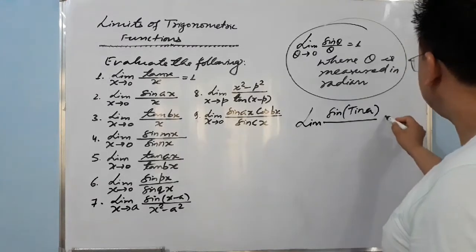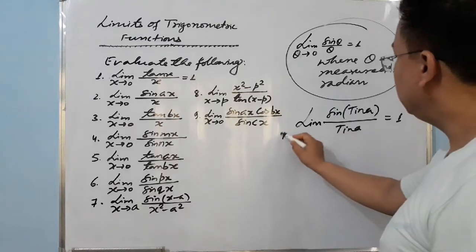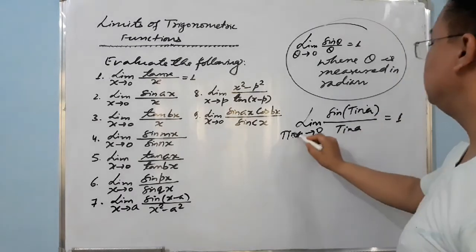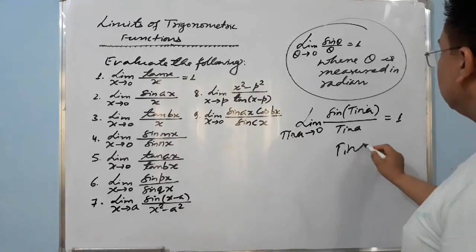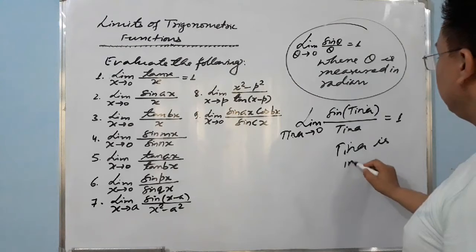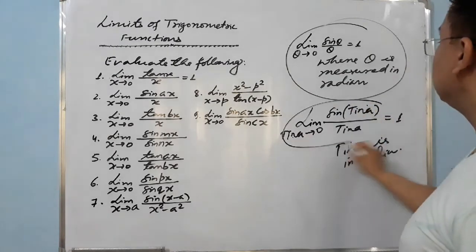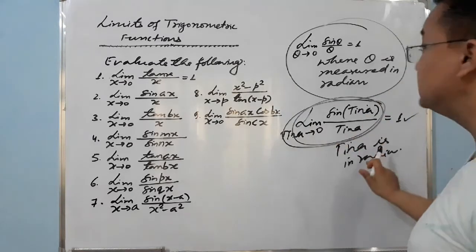Then to get 1, we need Tina here also, and Tina tends to 0. And one more thing, Tina is in radians. Then we can say this expression gives 1, so the limit of this is 1.